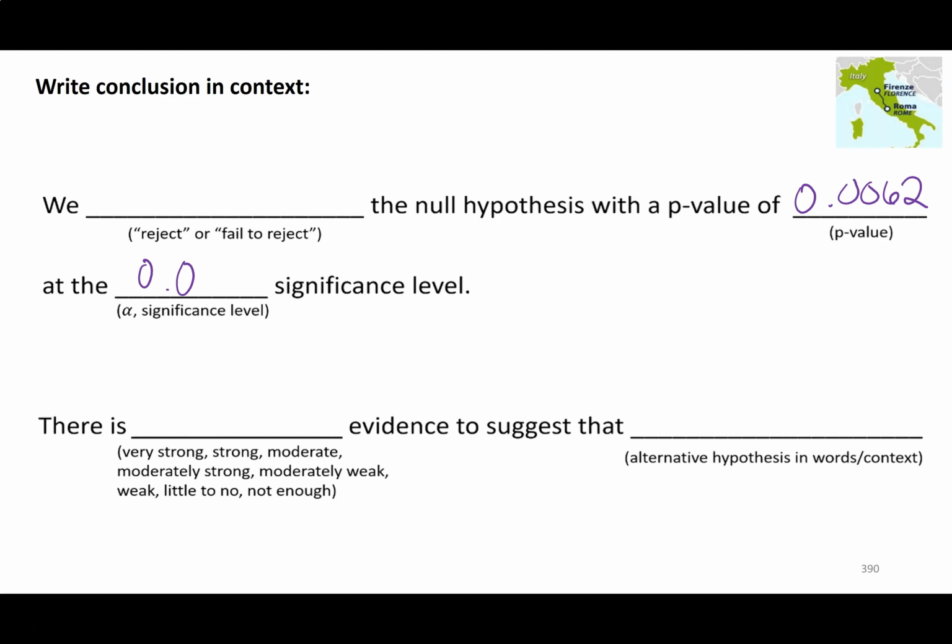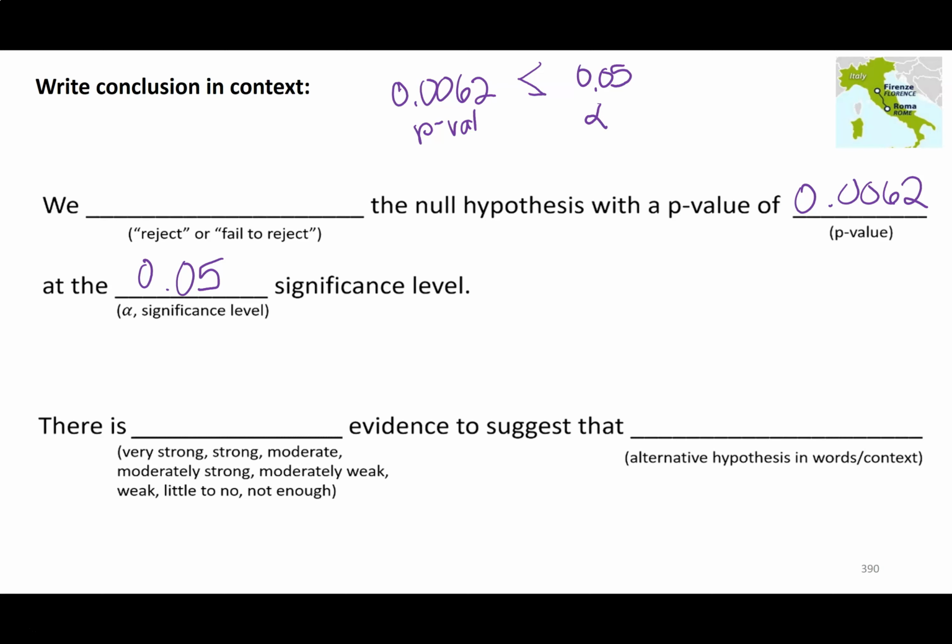For me, that's almost always what I fill in first. So one way to think about it: 0.0062 is my p-value, and my significance level is 0.05. It's fair to say, yeah, 0.0062 is smaller.